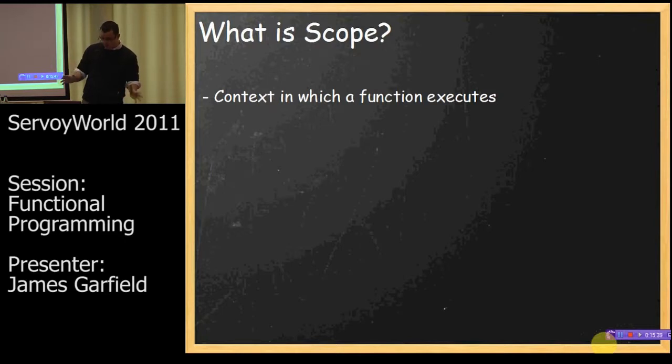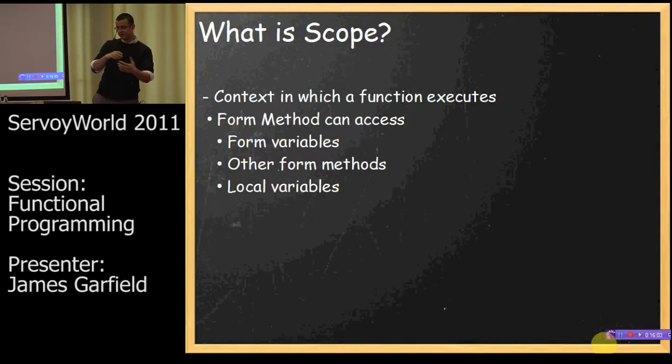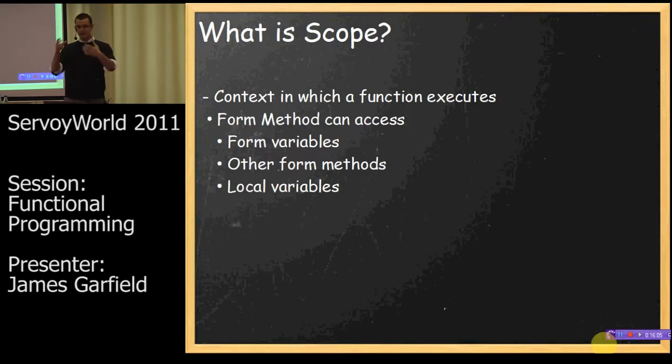Okay. Scope. What is scope? When you start programming functionally in JavaScript, scope is very important. Scope is the context in which a function executes. So a form method, the scope it executes in is the form.